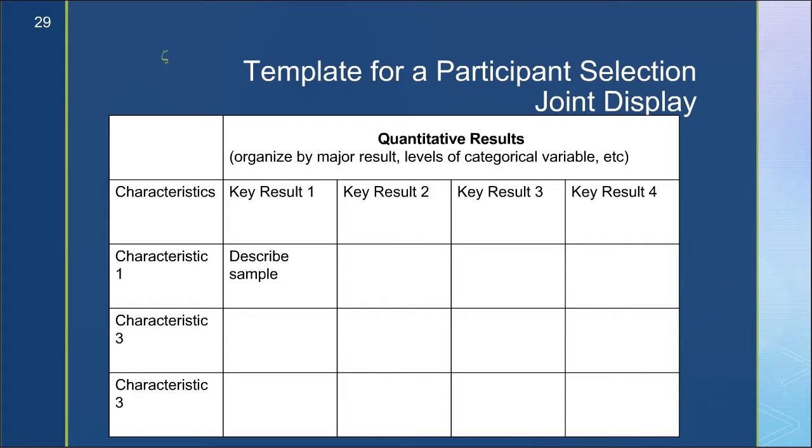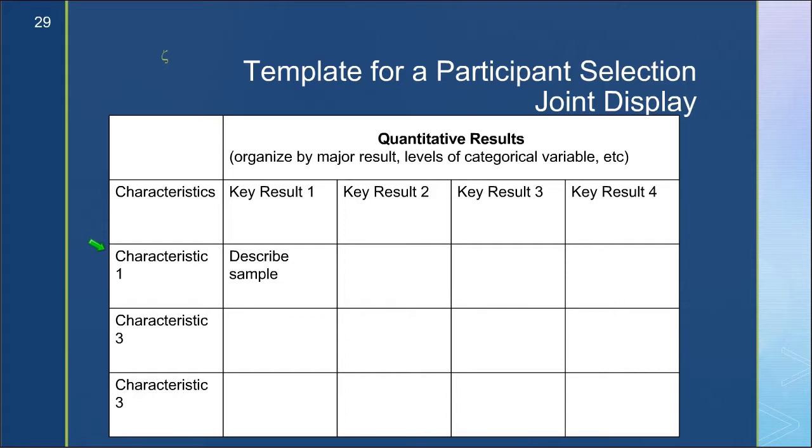So based on that, we might have key results. It might be from a different significance test that we've conducted, some other kind of statistical testing. It could be by domain. It could be levels of a categorical variable, high versus low, for instance. But the idea is that based on these different results, we want to then describe our sample and who we really want to talk to probe those results in further detail.